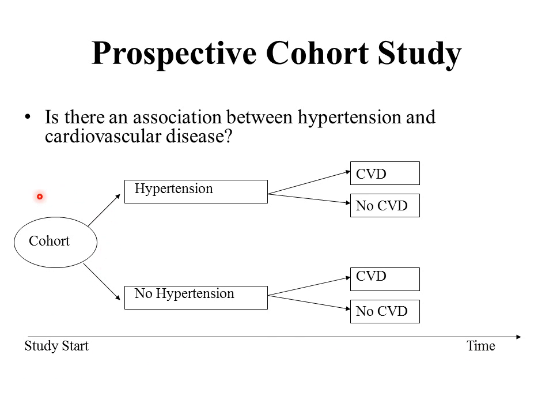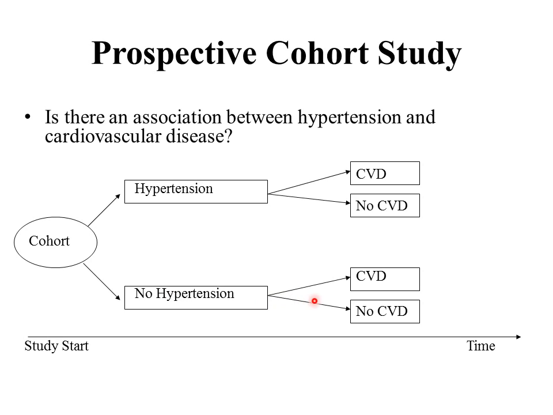So we start off with a cohort of people. Again, that's a group of people that meet some sort of inclusion criteria. And then we break that cohort up into two groups. In this case, one group is people that have hypertension, and the other is people that don't have hypertension. And then we observe those people over time.